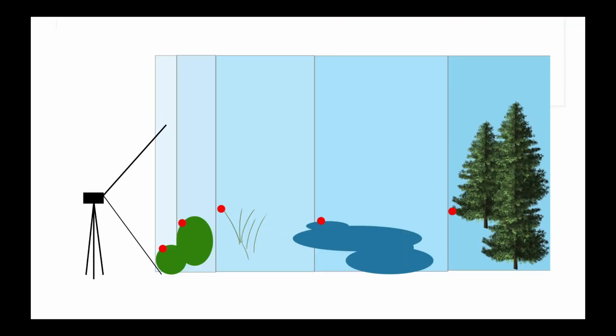This is just a little bit of an illustration to show you a little bit about depth of field. So our camera, our angle of view, these are not olives. These are supposed to be bushes with these red dots marking a point of focus. And these blue areas are showing depth of field.